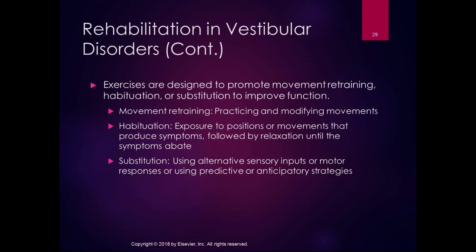Either they're using a cane, so they're feeling what is in front of them, or, as I talked about in the vision section, working with someone with vision loss in the pool, so they're using the proprioceptive information that they're getting from the water. That's the type of strategies that we use in vestibular rehabilitation.